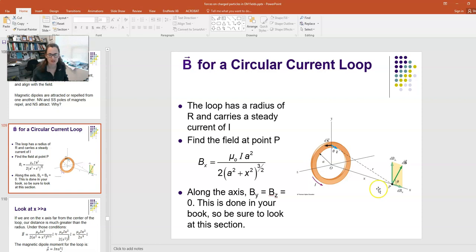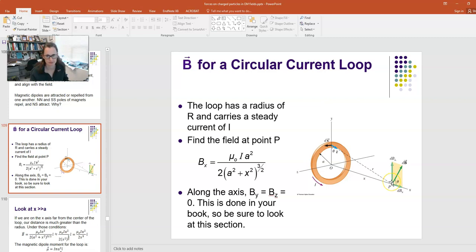So here it is. The axis is the x-axis. The magnetic field along that axis, B sub x, is going to be mu naught I a squared over 2 times (a squared plus x squared) to the 3/2. Here, a is the radius of our current loop, and x is the distance from the center of the current loop to the point P, the point where we're trying to find the magnetic field.